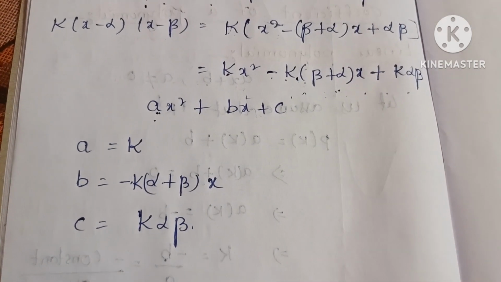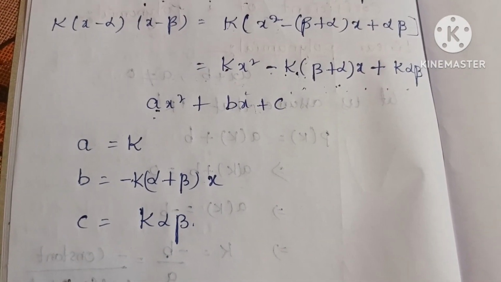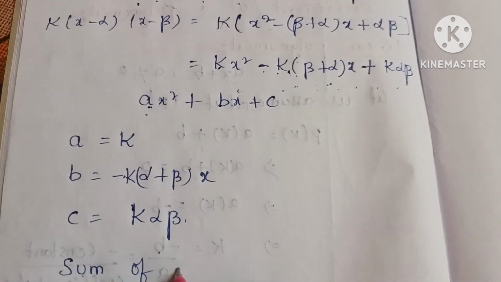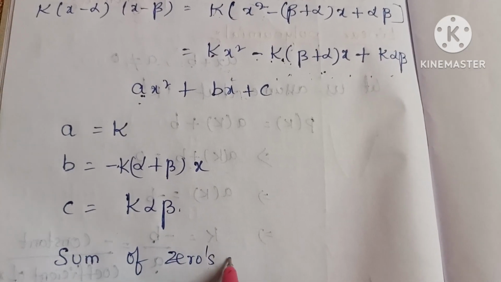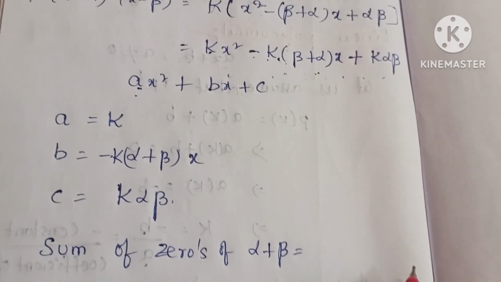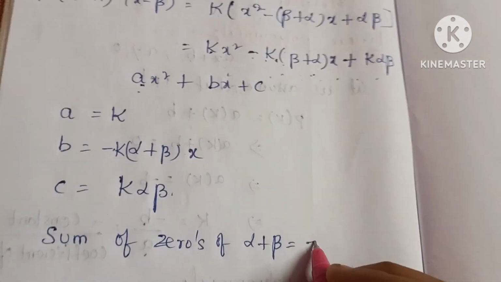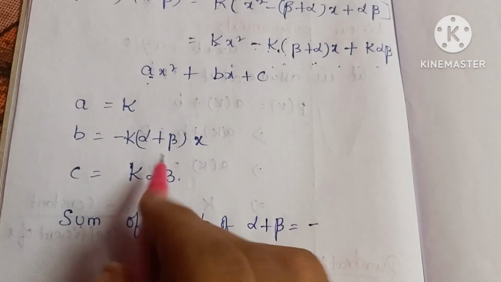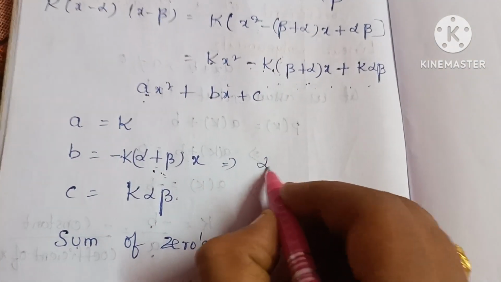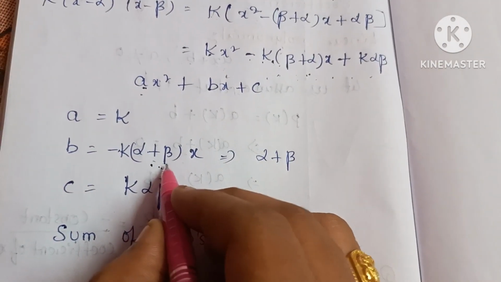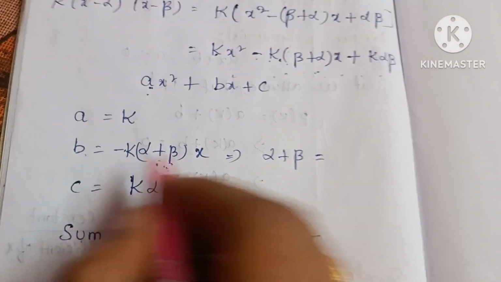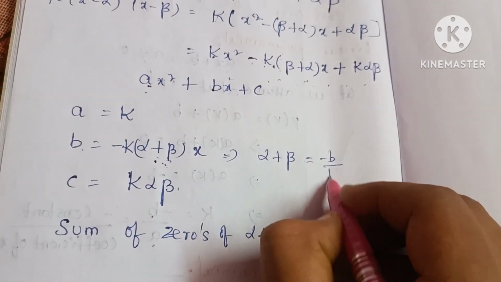Now sum of zeros: alpha plus beta equals minus b by k.